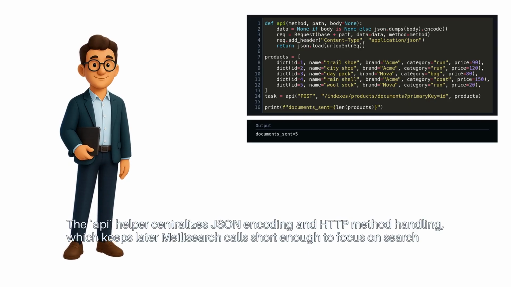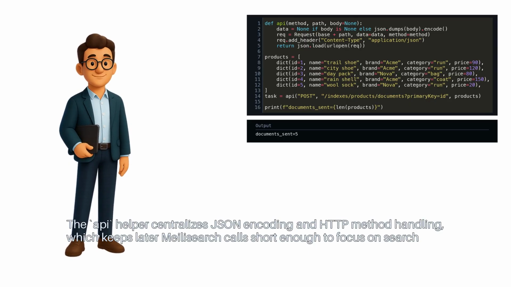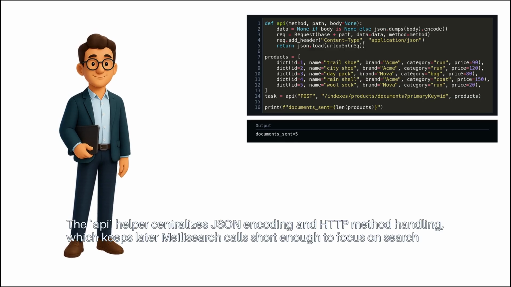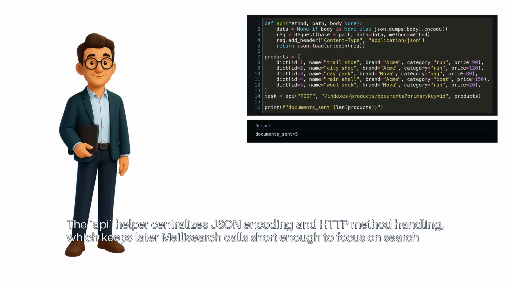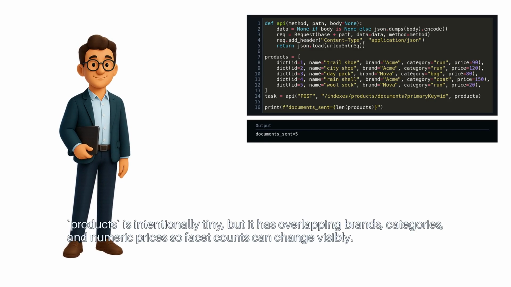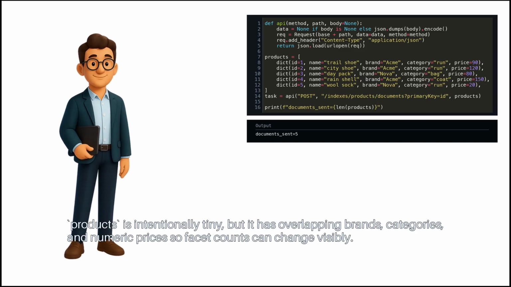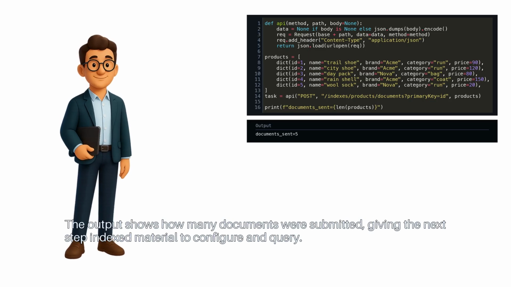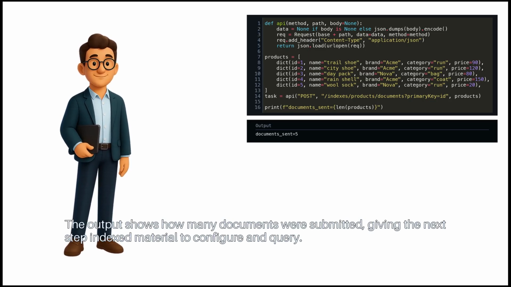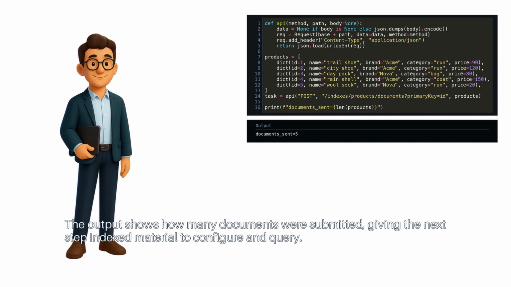The API helper centralizes JSON encoding and HTTP method handling, which keeps later Meilisearch calls short enough to focus on search behavior. Products is intentionally tiny, but it has overlapping brands, categories, and numeric prices, so facet counts can change visibly. The output shows how many documents were submitted, giving the next step indexed material to configure and query.